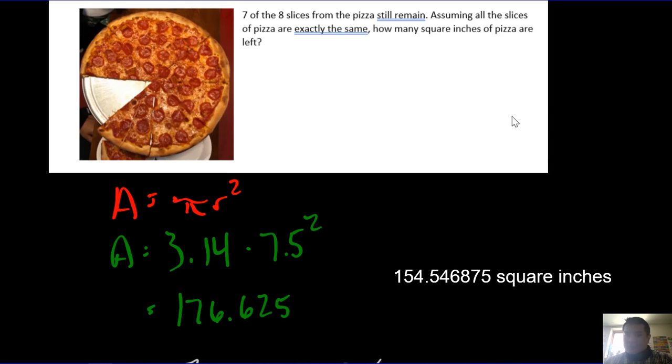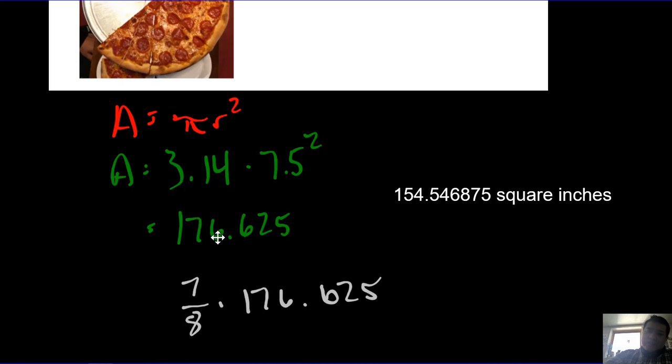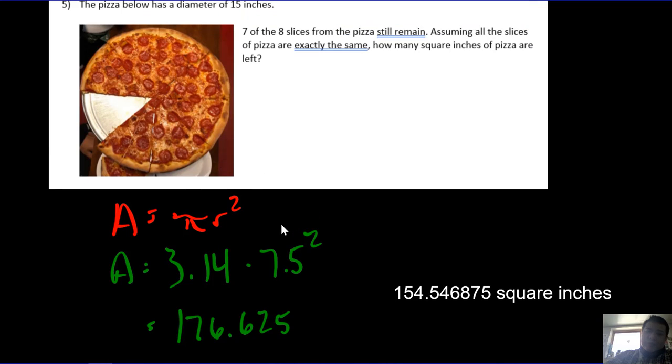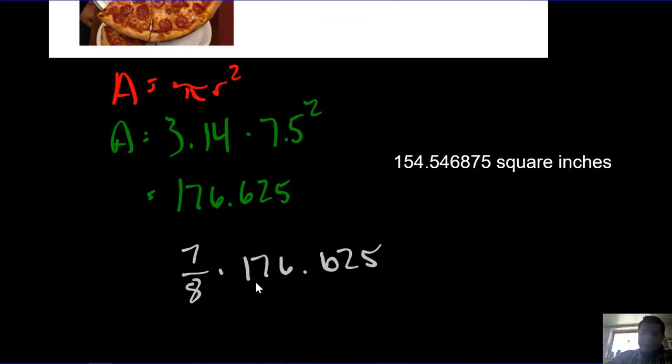I know that's a ridiculous number, but that's what it is, because 3.14 times 7.5 squared, 7.5 being the radius, is 176.625, but we only have 7/8 of a pizza left. So we take 7/8 of that area, which gets us 154.546875 square inches.